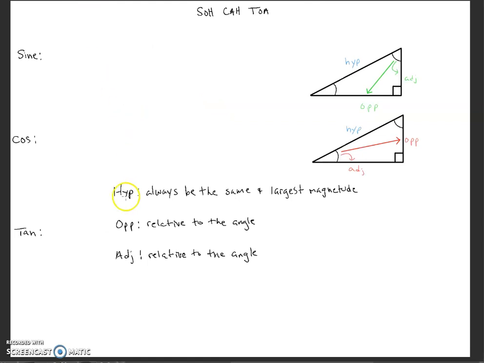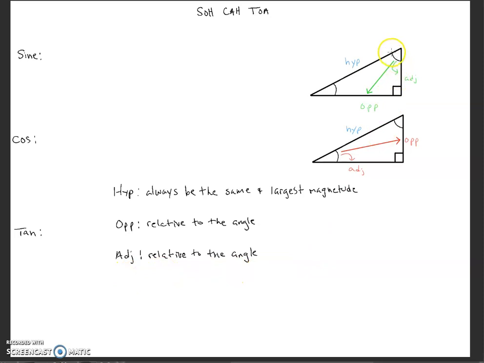So the hypotenuse will always be the same and will always be the largest magnitude. The opposite is relative to the angle, and the adjacent is relative to the angle.